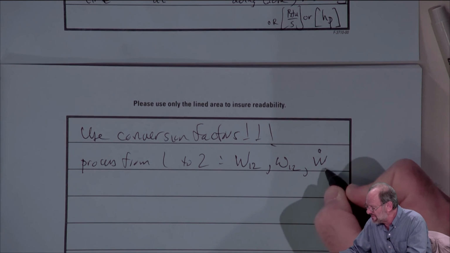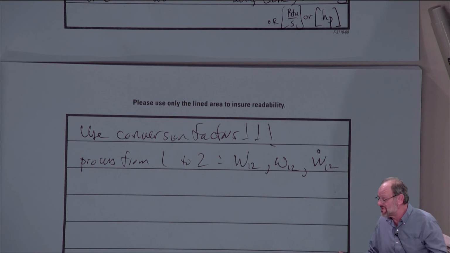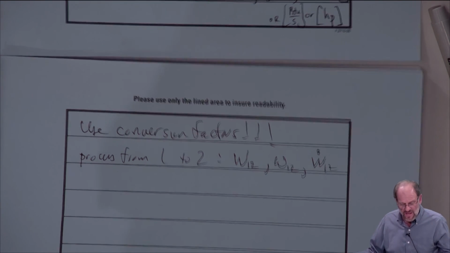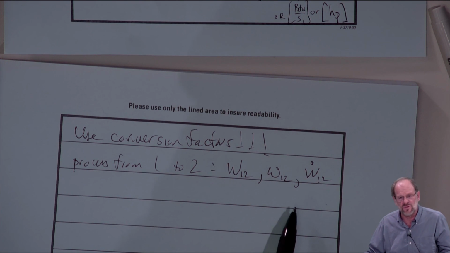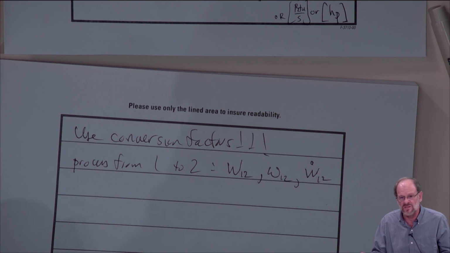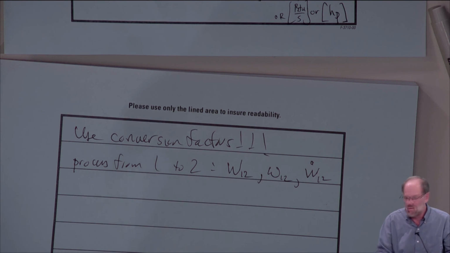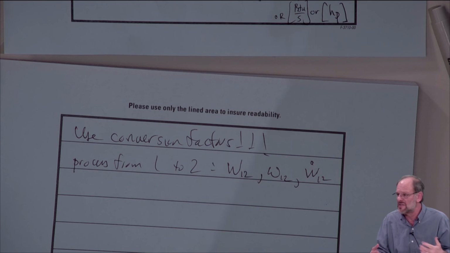If we're trying to figure out the power, then maybe we'd have just w dot 1, 2. So we need to make sure that we, again, use the appropriate subscript. By the way, you're not always going to have a 1 and a 2. I might have a problem where I go from 1 to 2 to 3 to 4 to 5. Maybe you'll have Q1, 2, and then Q2, 3, and Q3, 4, and Q4, 5. Or maybe work 1, 2, work 2, 3, et cetera, et cetera.